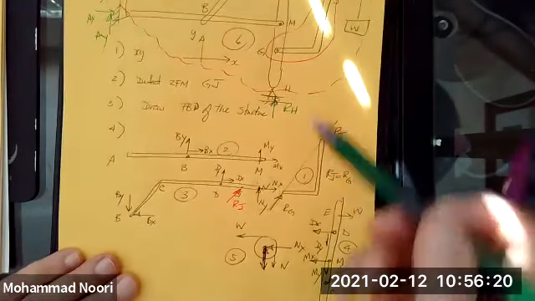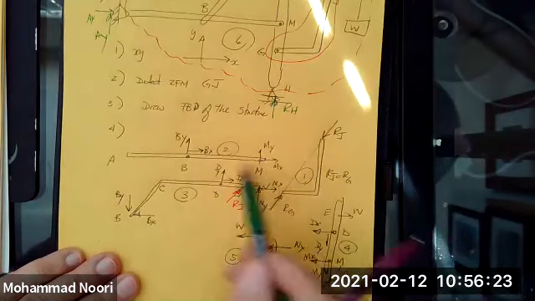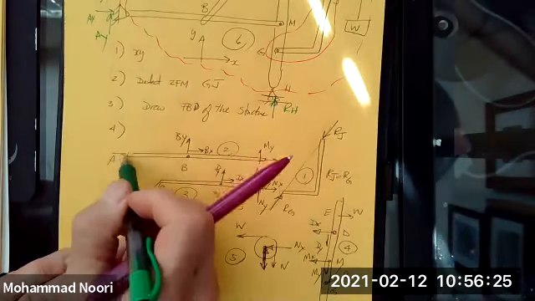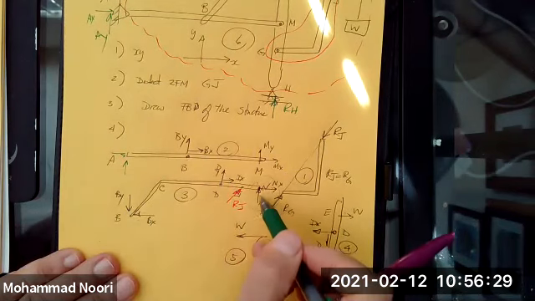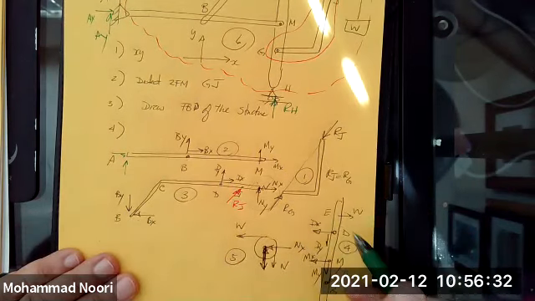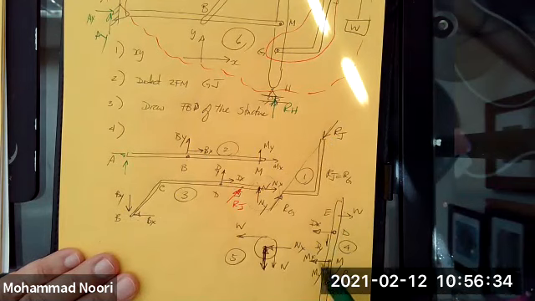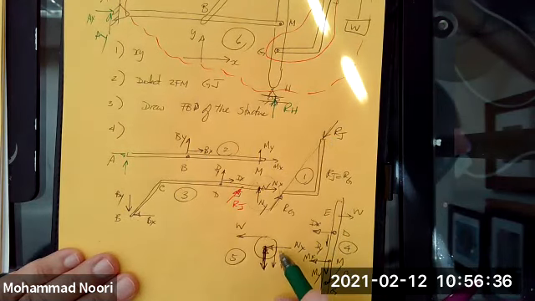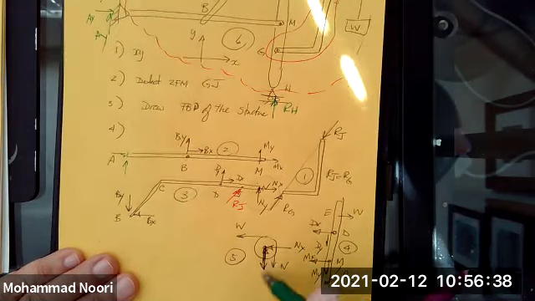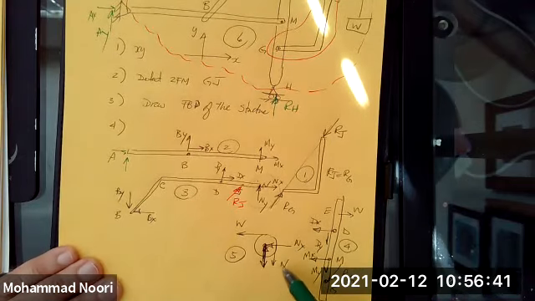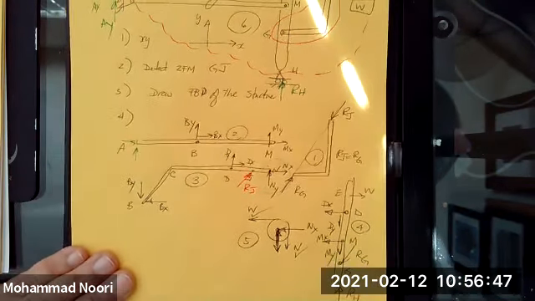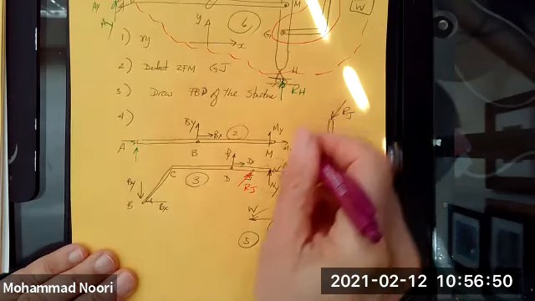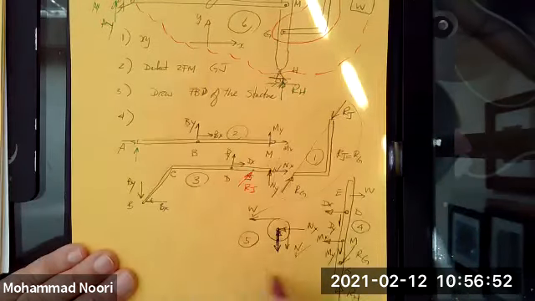Let's do that. 3 here, 6 here, 7 here, 7 here, 2 here, because these are given. So which one is the best free body diagram to start with? This has 2 and this has 2.